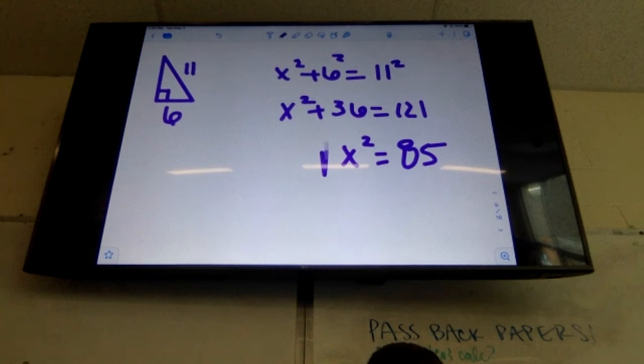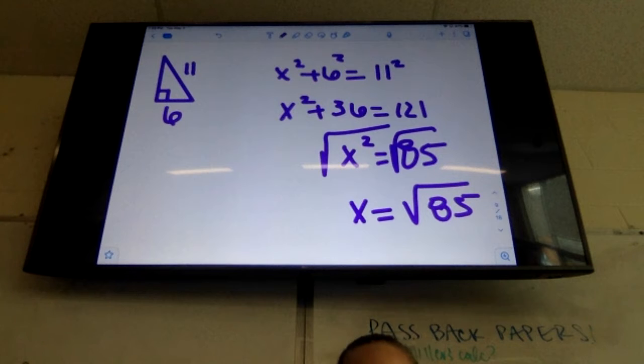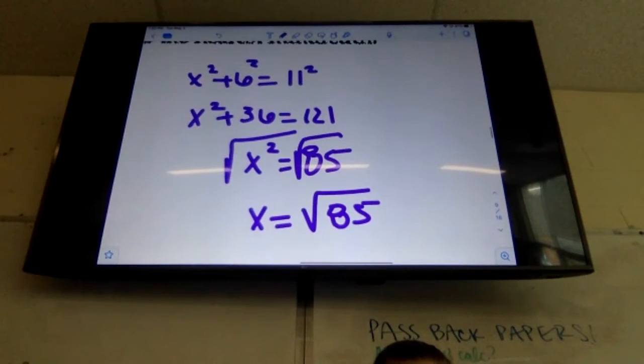And I'm actually just going to leave that as a radical. You can check and see if you can simplify it down, but I know 85 divided by 5 is 17. So if I started to do my little factor tree over here, 5 and 17, can I take any two of those down any farther? No. So are there any pairs that I could take out of this radical? No.